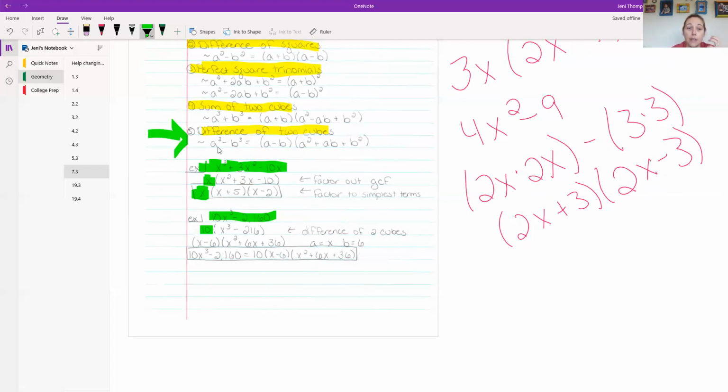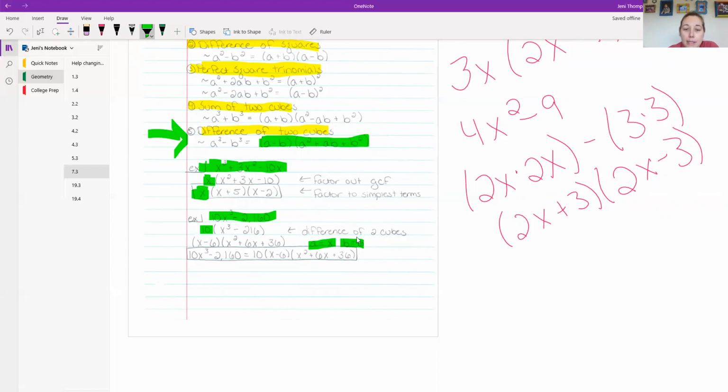Here's my instruction right here. I know exactly how it maps out. My difference of 2 cubes factors into the base of A and the base of B, and it's in this form. First identify your A and your B. It'll make life a lot easier.